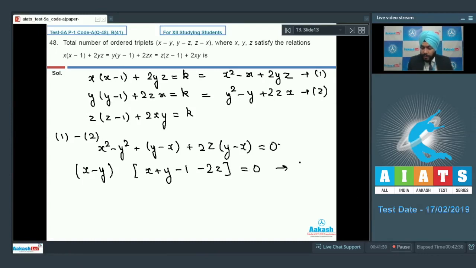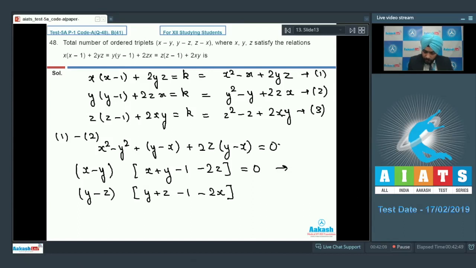So if you are getting this from equation number 1 and 2, then from equation number 2 and 3, you will get (y minus z)(y plus z minus 1 minus 2x) equals 0. And from equation number 1 and 3, you will get (x minus z)(x plus z minus 1 minus 2y) equals 0. Because all the equations are very much symmetric.